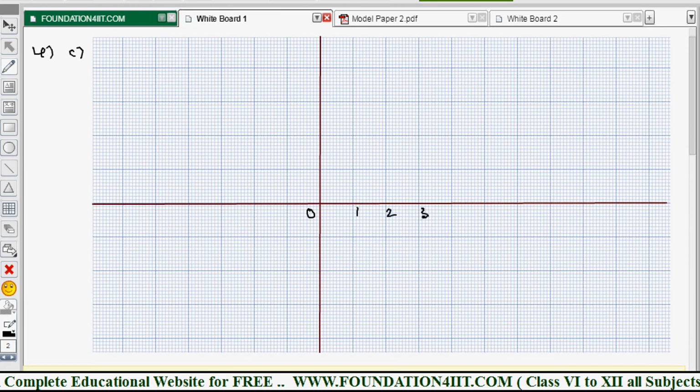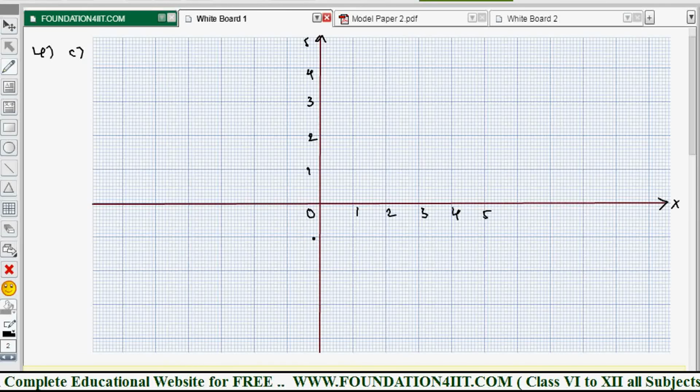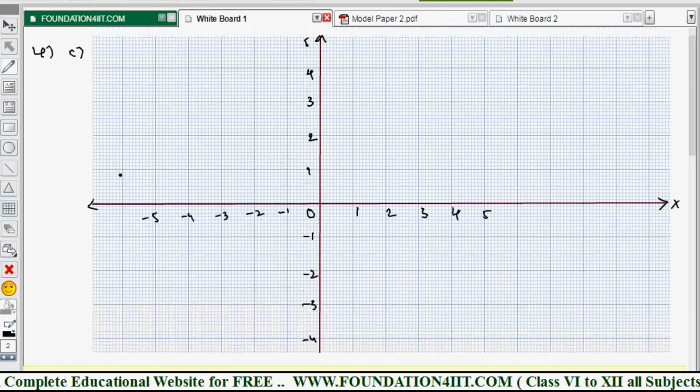Right side is positive 1, 2, 3, 4, 5, and so on. So it is the x-axis. And above, 1, 2, 3, 4, 5, and so on. And minus 1, minus 2, minus 3, minus 4, and if you go down, minus 5. Let's continue this. And the left side is minus 1, minus 2, minus 3, minus 4, minus 5, and so on. This is the x-axis and y-axis.